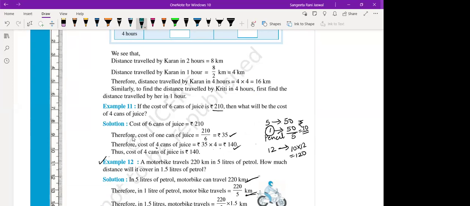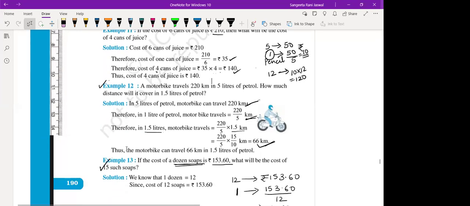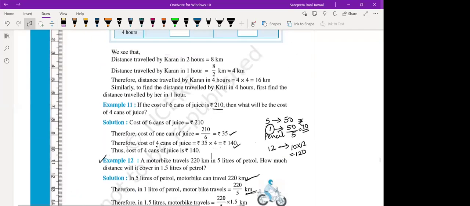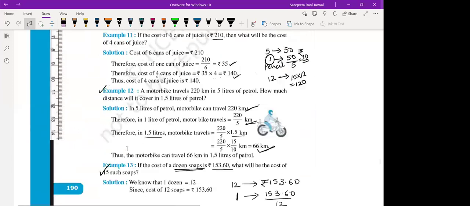Cost of 4 cans will be the cost of 1 can multiplied by 4. Are you understanding? So that gives you the cost of 4 cans of juice. I hope it's clear. Yes, sir. Adya, Neha, is it clear? Yes, ma'am. We'll discuss the examples and then we'll move to the exercise.